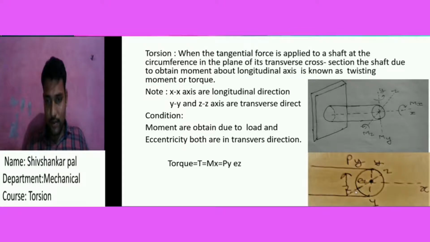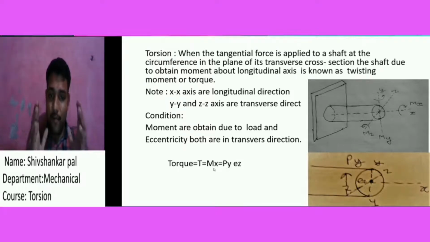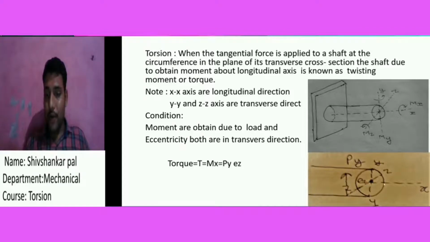So the load and eccentricity produce the moment Mx = Py × ez. That moment is considered a torque, because in this diagram both the load and the eccentricity act in the transverse direction and produce a moment about the longitudinal x-axis. So I consider this moment a torque.